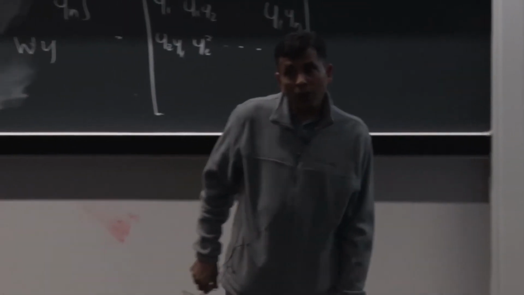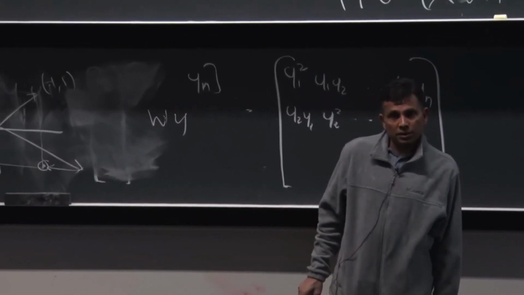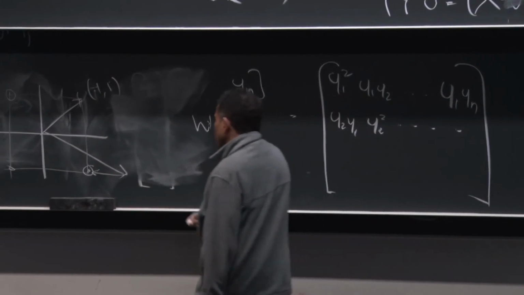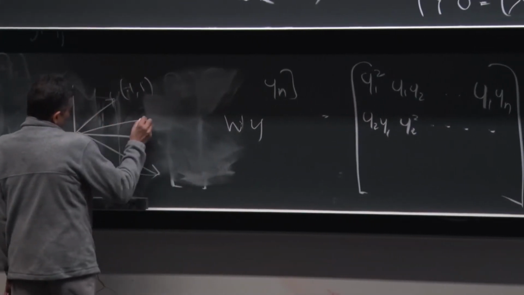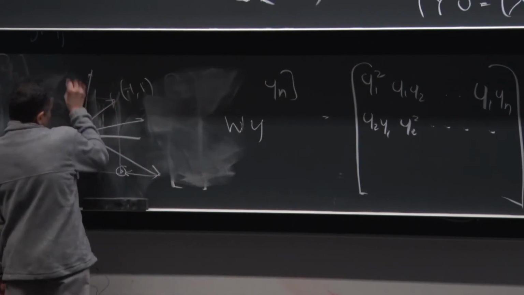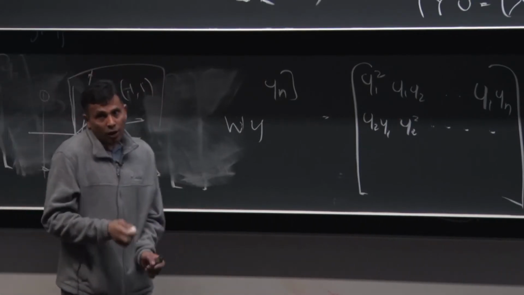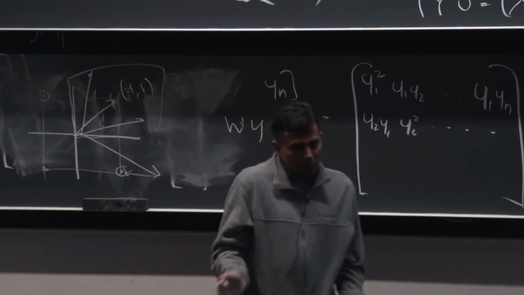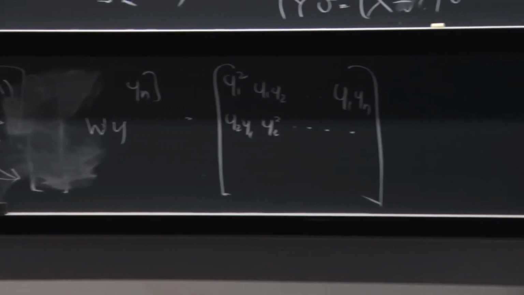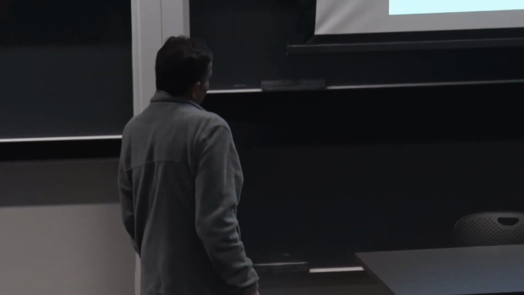So under what condition will a vector be stable? Stationary. It will be stationary if Wy is guaranteed to stay within the same orthant. If Wy stays within the same orthant, it's going to get mapped back onto itself. Otherwise, it's going to get mapped to a different pattern, right?